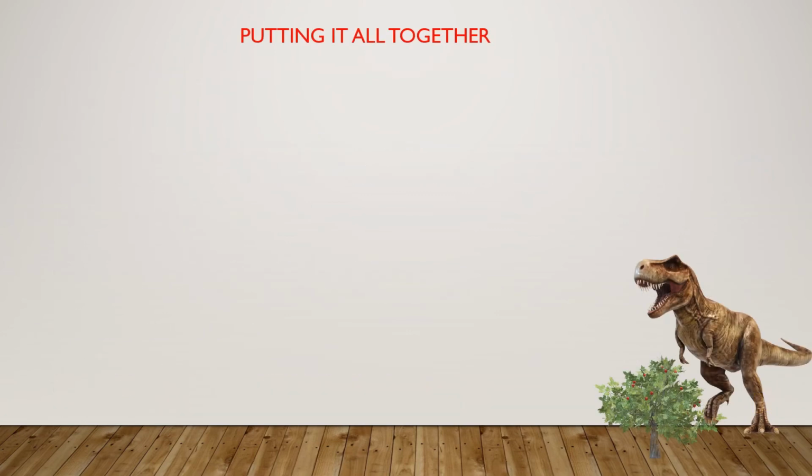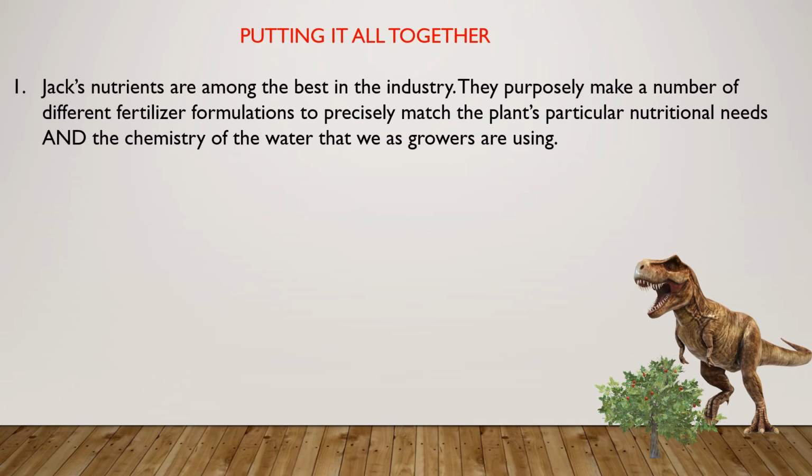So how do we put all of this together? First, we'll look at something like a Jack's nutrient line. Some people would look at Jack's and say, they just have too many different formulations. It gets me confused. I want to use one of the generic 1 teaspoon of this and just water anything.